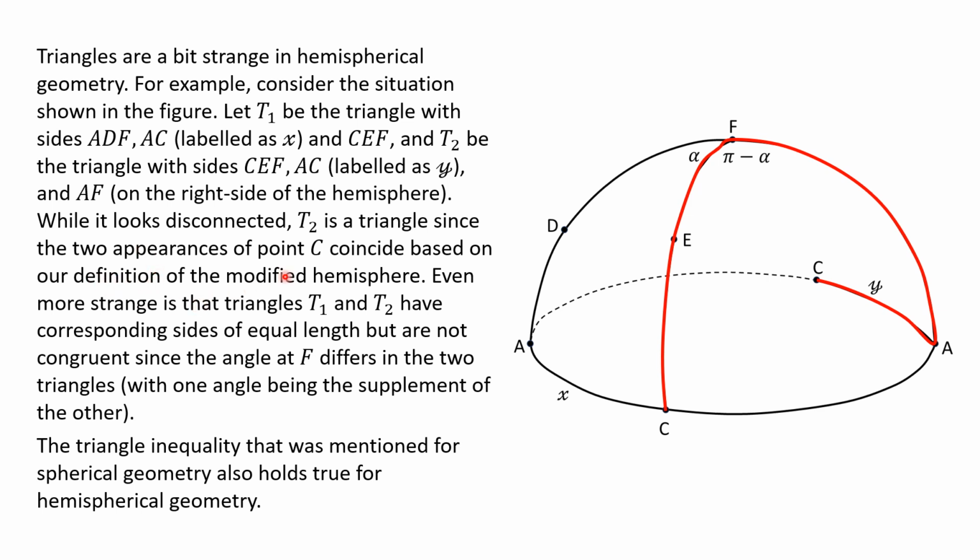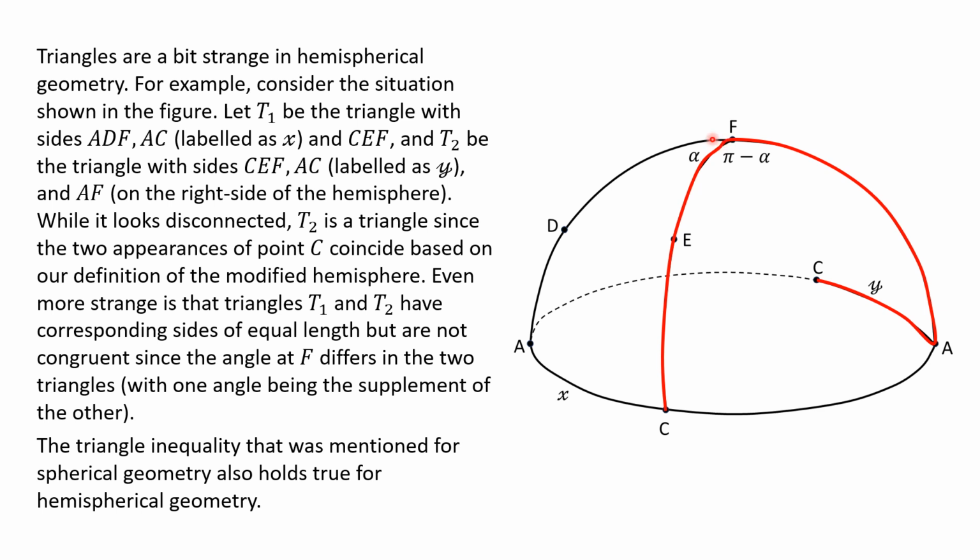So that's weird, but it's a triangle. And even more strange is T1 and T2, these two triangles, have corresponding sides of equal length. So they're actually the same sides, right? AC and AC here. They share this one here, and then the other one, F to A and A to F, assuming A and F are opposite points.